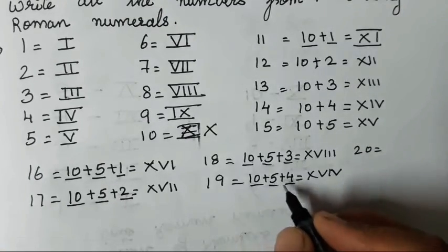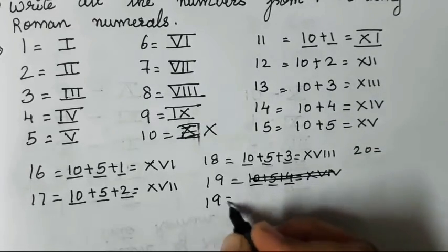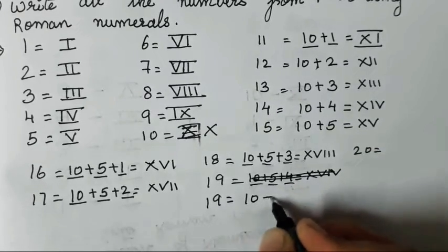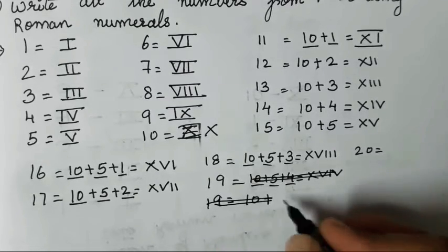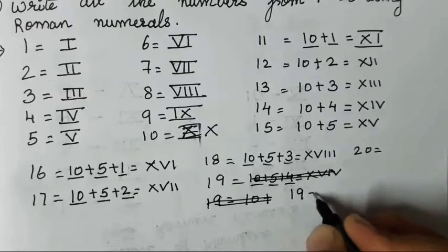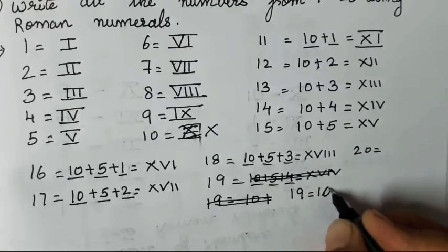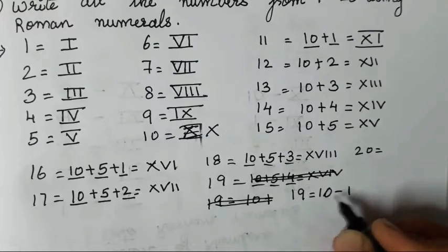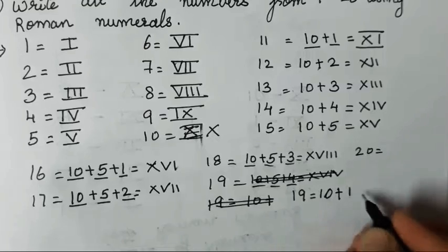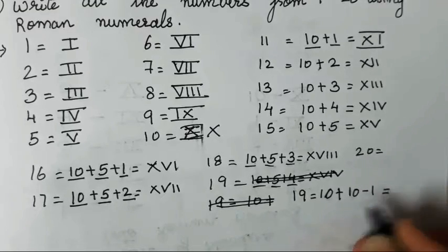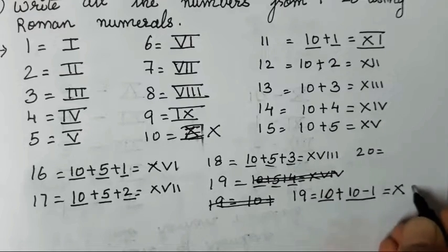Okay, so I think I have done this wrong. I will write it again. We can change it into 10 minus, we can do it. Okay, we can write it in the form of minus also. We need not write it in plus. So 10 plus 10 minus 1. So 10 means X and 10 minus 1 means 9.